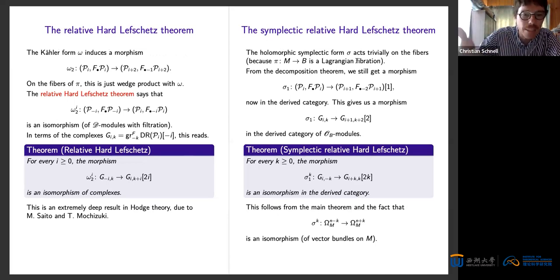I can still act on the cohomology of the fibers with wedge product. However, because it's a symplectic form, it restricts trivially to the fibers. So I won't get anything by mapping the cohomology of the fibers to the cohomology of the fibers in degree 2 higher. That map is 0 because sigma restricted to the fibers is trivial.